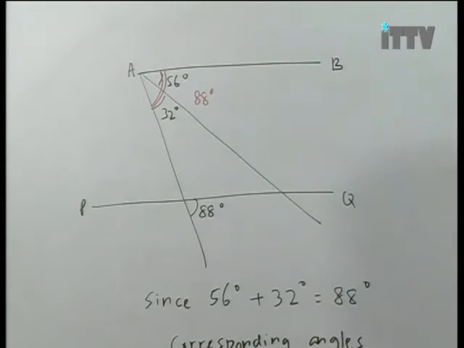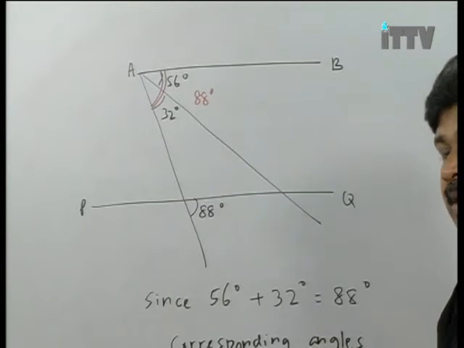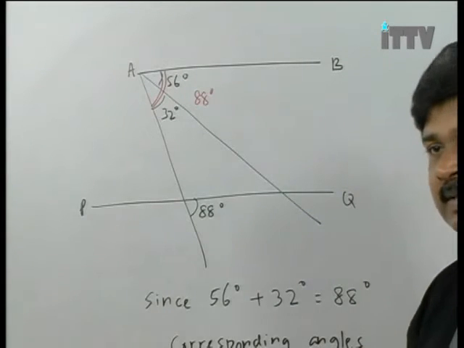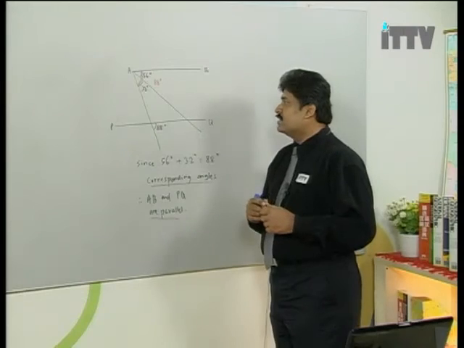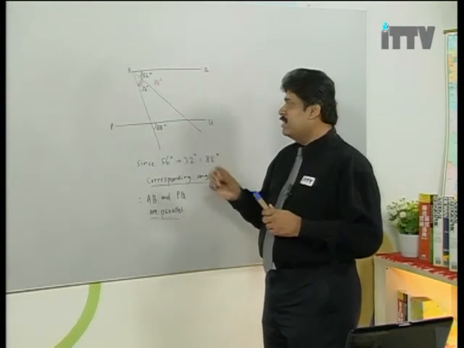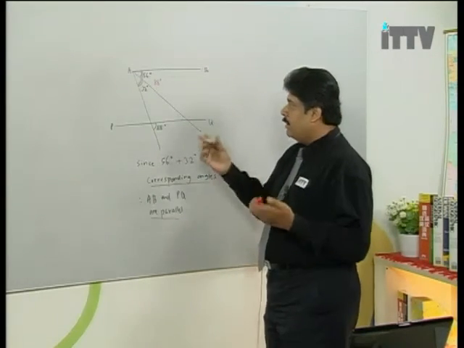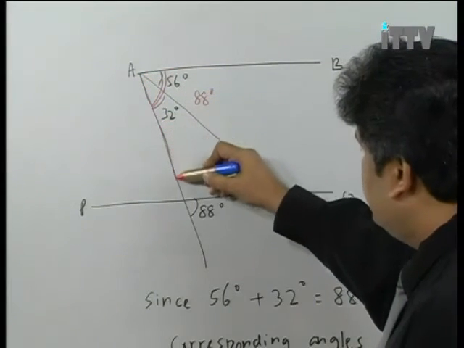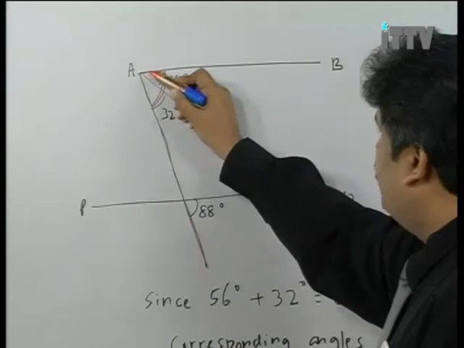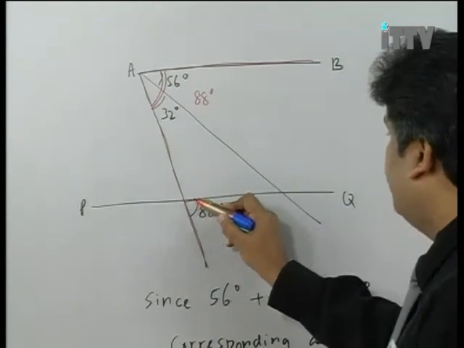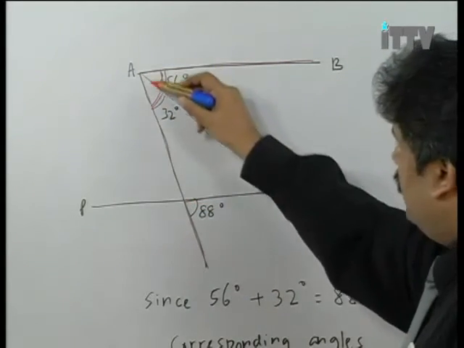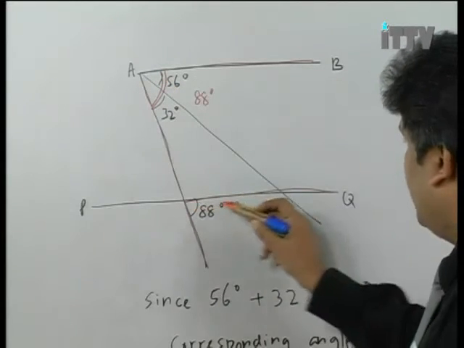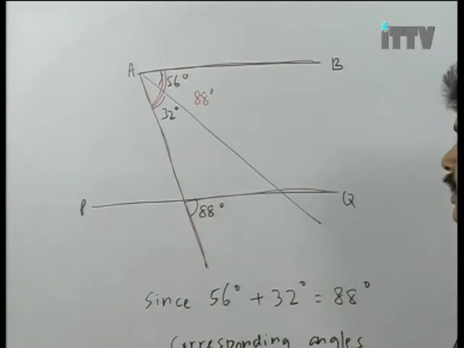How do I determine whether it's a corresponding angle? If you remember in our earlier lessons, I did mention to you corresponding angles will carry the letter F. How am I going to draw the letter F? This is how. We have a straight line down and we have a line across this way. So this represents the F and this would be the corresponding angles.